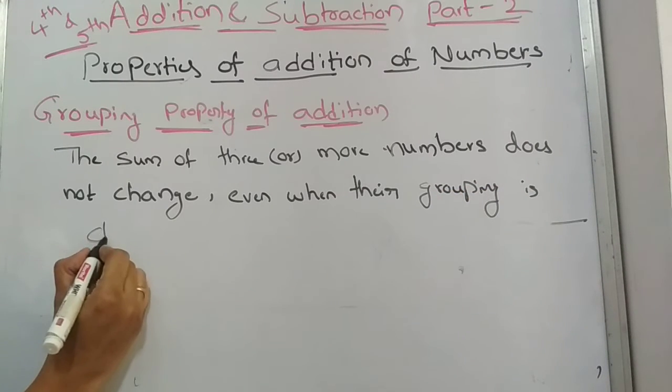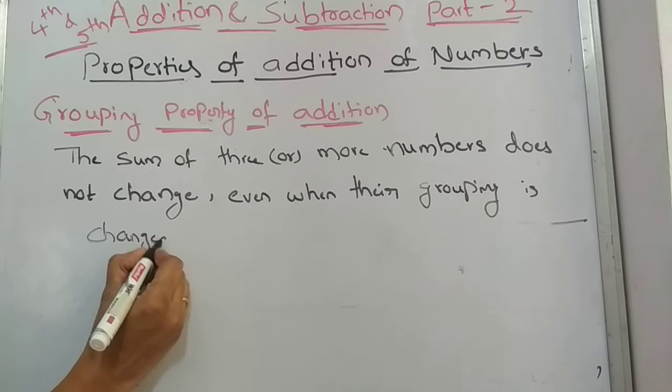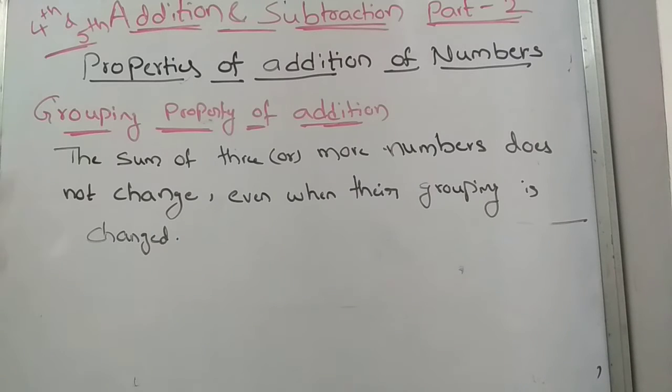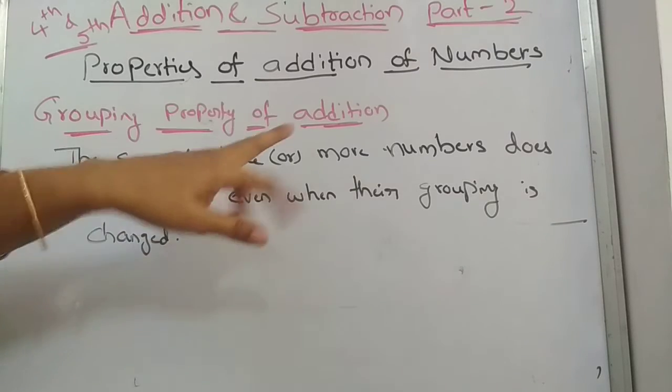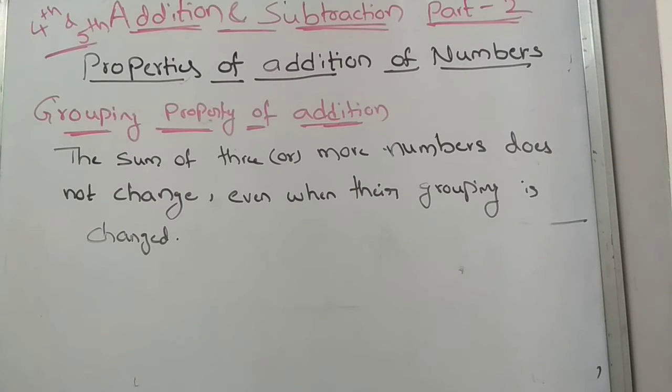What is the meaning of this? This is called the grouping property of addition. What is the grouping property of addition? It means the sum of 3 or more numbers does not change, even when their grouping is changed.